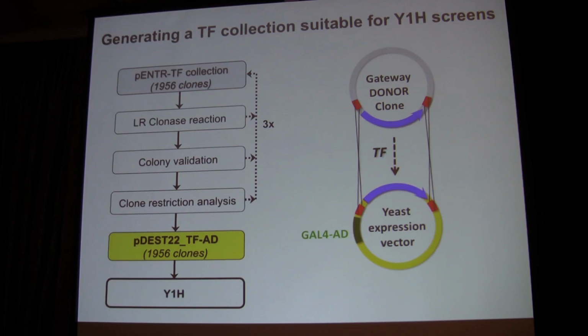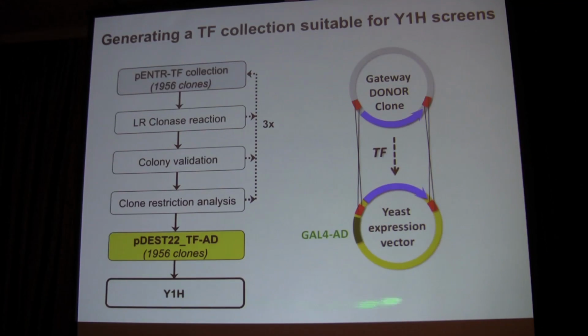And then the other important thing is that the whole collection was built in a vector backbone that is compatible with the Gateway recombination or cloning system. So we have a full collection where every transcription factor coding sequence is cloned in a Gateway donor clone. And now what we can do is transfer this coding sequence to essentially any destination vector that we're interested in.